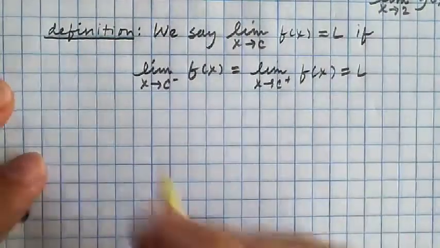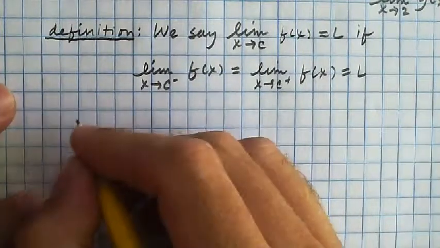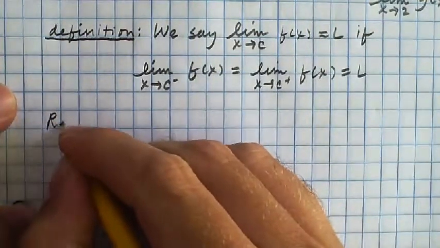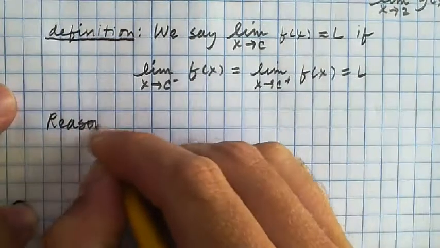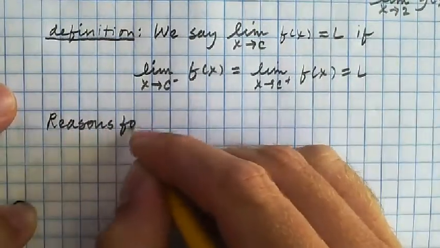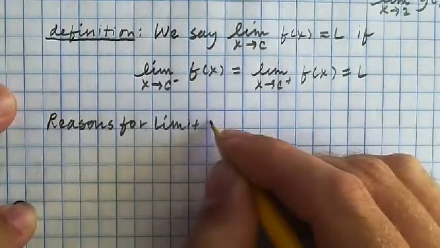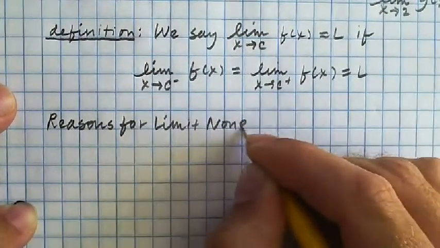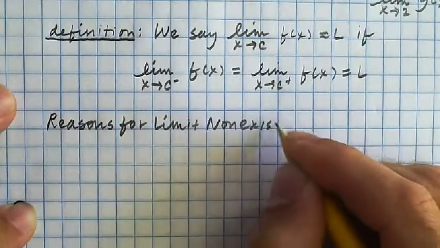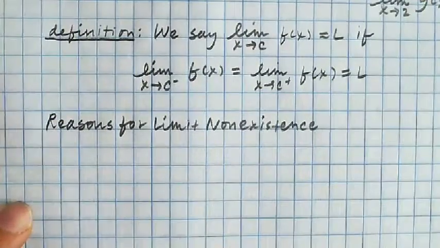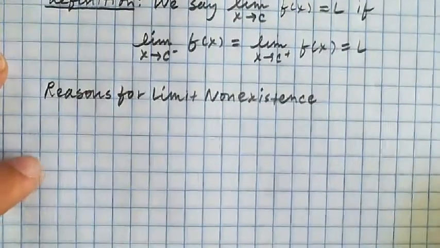All right, next I'm going to tell you about reasons for limit non-existence. I'm going to draw you a picture of each of them. There's going to be 3 of them.